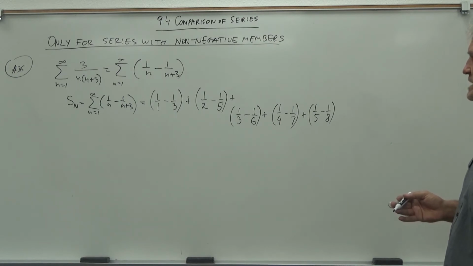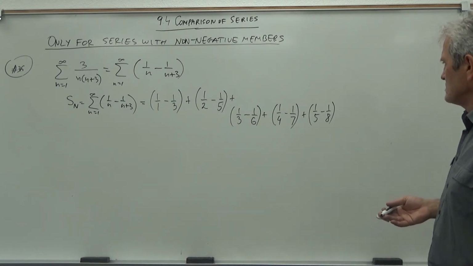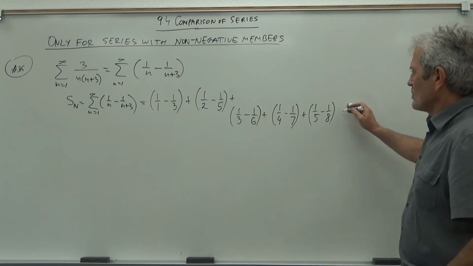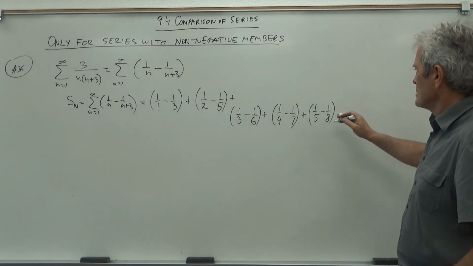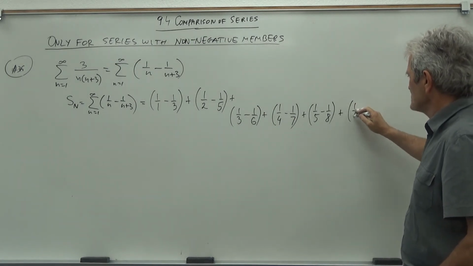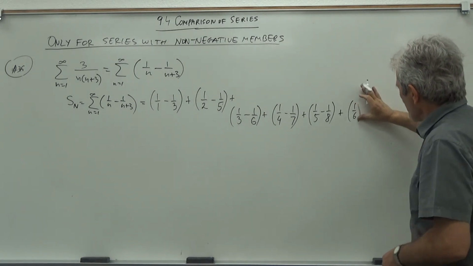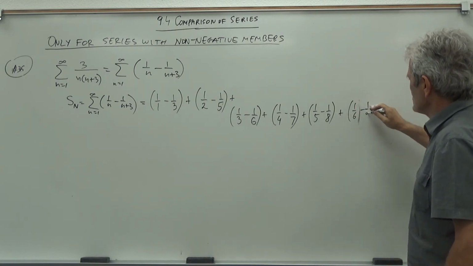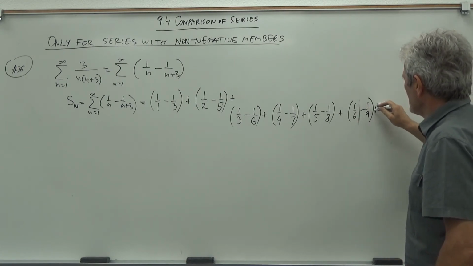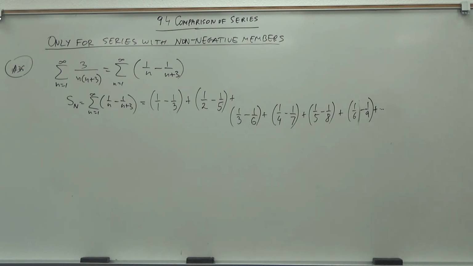I don't know how to cascade this to confirm what's happening. Actually, the idea of cascading probably is not too good here, or maybe I didn't think it over too well. So what's next? 1 over 6 minus 1 over 9, and so on.